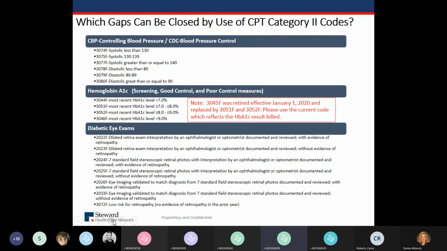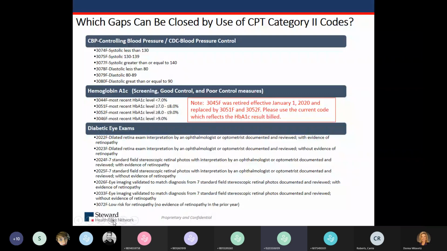Please note, one of the things I've identified during my CPT II gap analysis was that the CPT code 3045F was retired effective date of service January 2020, which means that you could still use it through date of service 12/31/19, and it was replaced by more specific codes 3051F and 3052F.